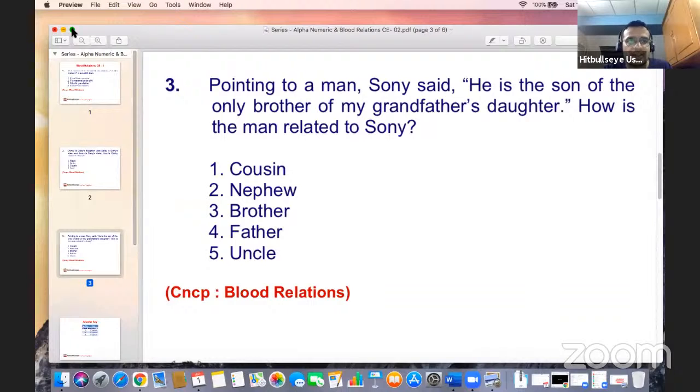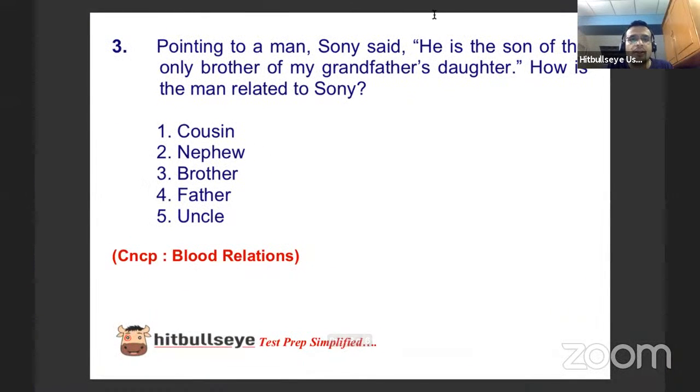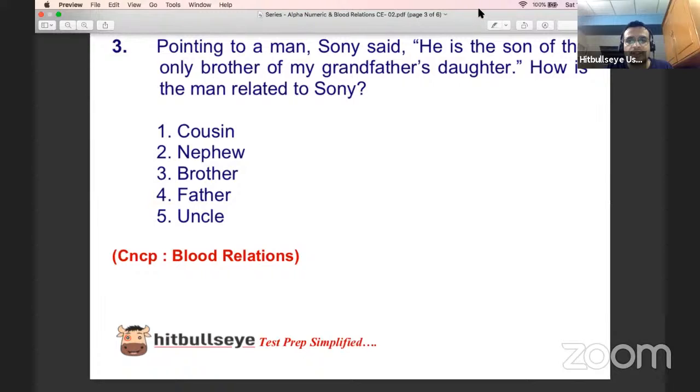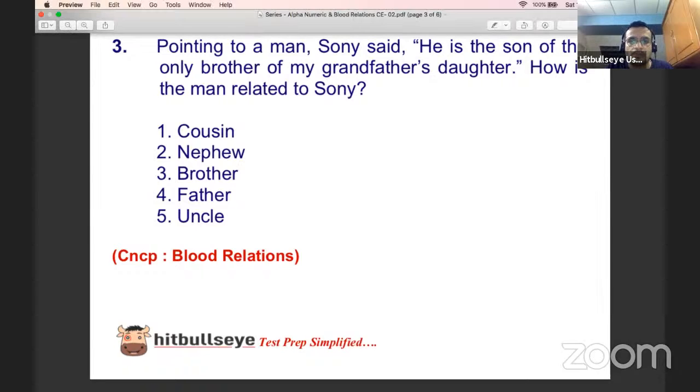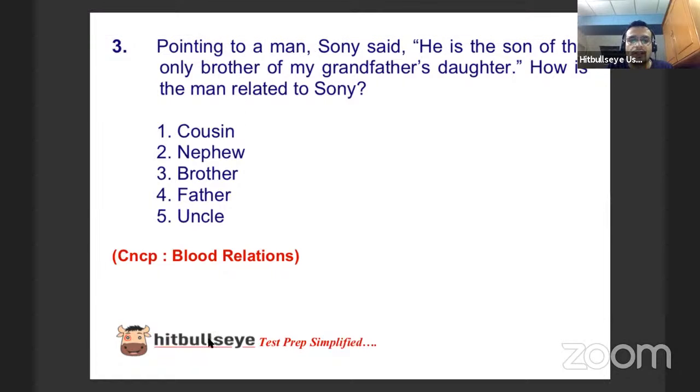Pointing to a man, Sony said... Let's solve this. We saw that the answer is the first option, cousin, right? How is it cousin? Let's do it. I worked through this question, and yes, we were very much right.